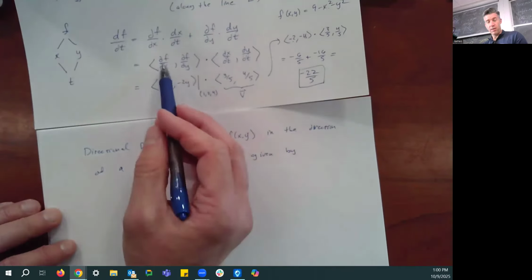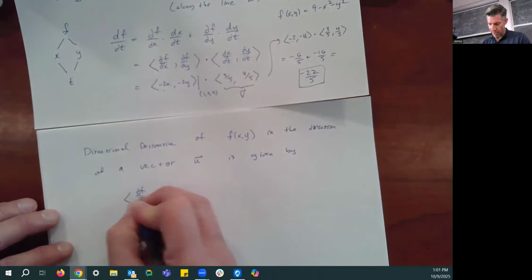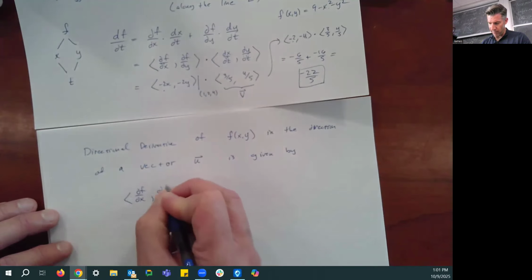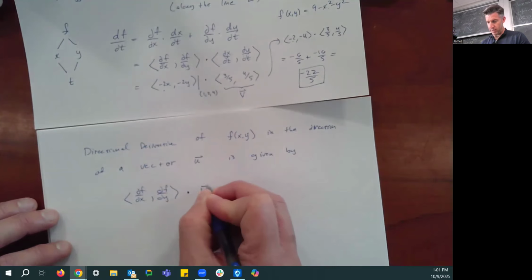It's going to be the partial derivatives of your function, del f del x comma del f del y, dotted with whatever the vector u is.